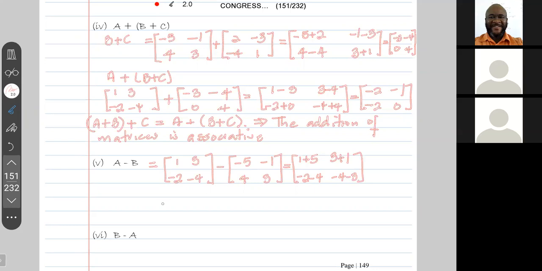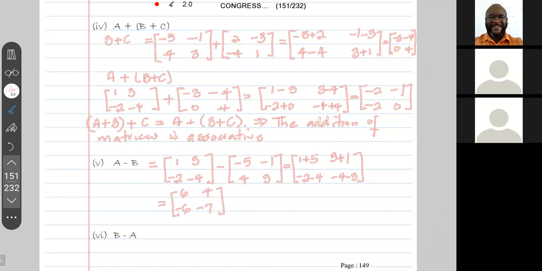And so our final answer would come out to be 1 plus 5 is 6. 3 plus 1 is 4. Minus 2 minus 4 is minus 6. If the signs are the same, add and keep the sign. Minus 4 minus 3 is minus 7. If the signs are the same, add and keep the sign.